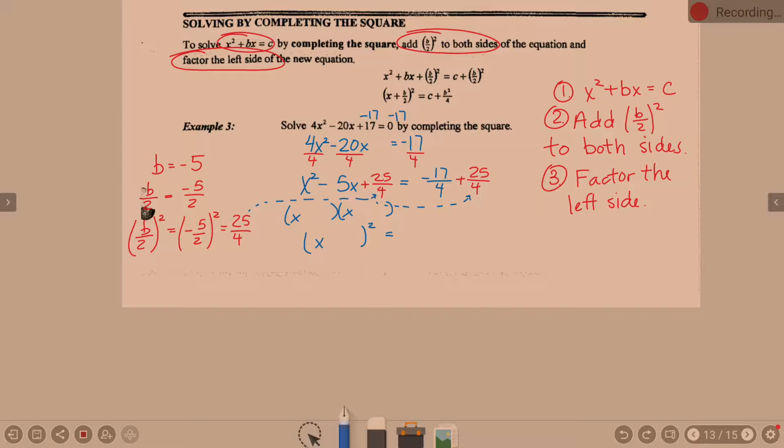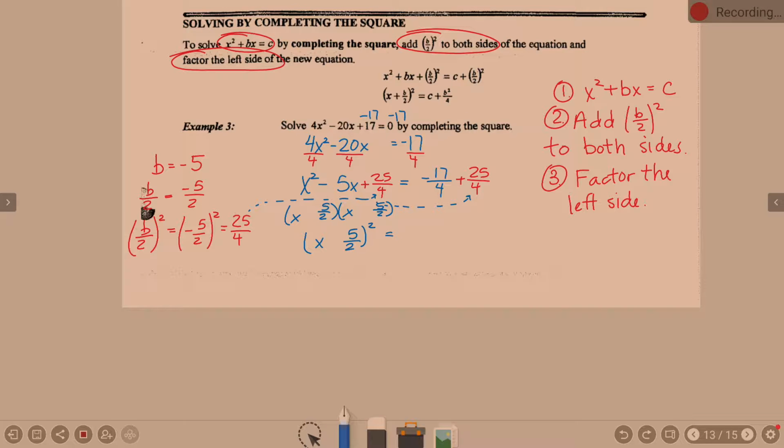What is the square root of 25/4? 5 over 2. Square root of 25 is 5. Square root of 4 is 2. So 5/2 is what goes in the back of each parenthesis. Or in other words, it's going to go in the back of that parenthesis.